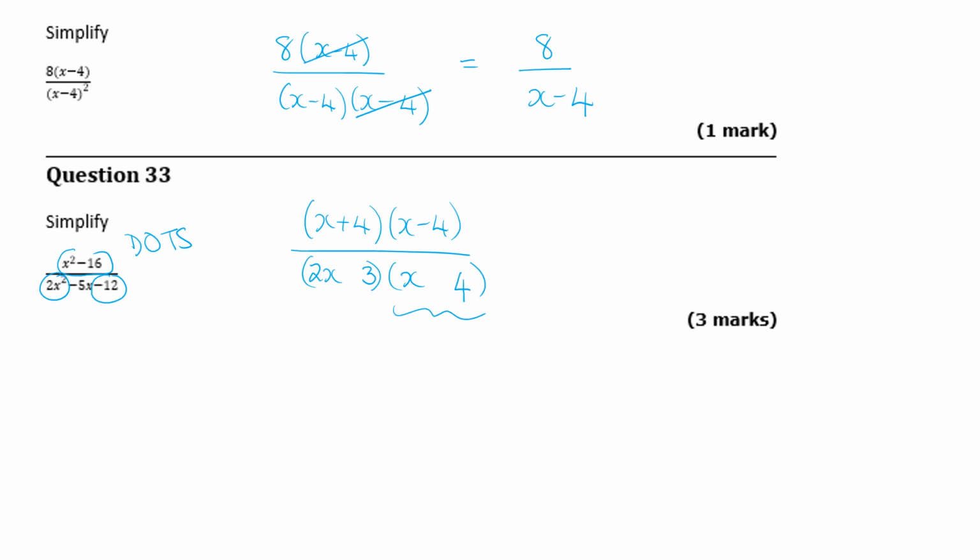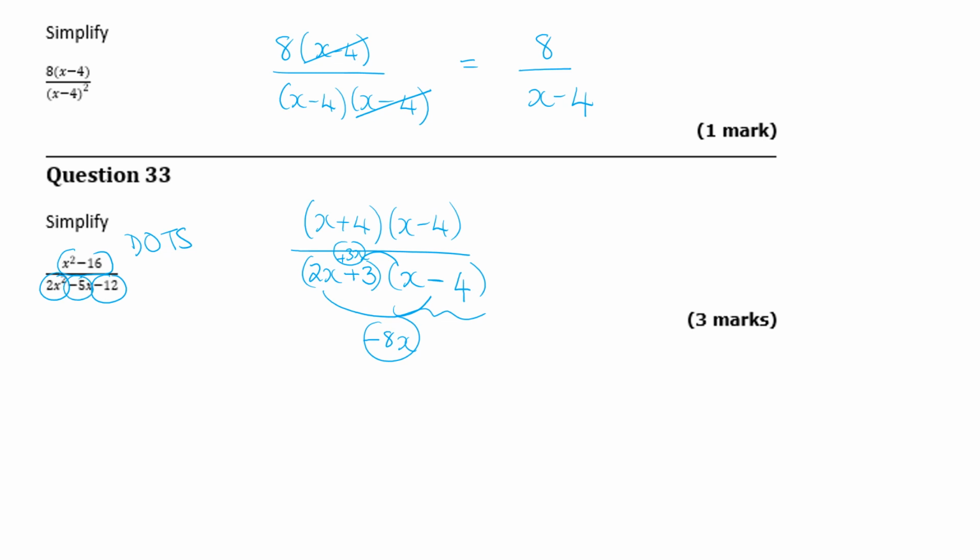Now I can see if I go here and go minus, then that will be minus 8x. And here if I put a plus, that will give me plus 3x. So then the plus 3x and the minus 8x will give me the minus 5 in the middle.